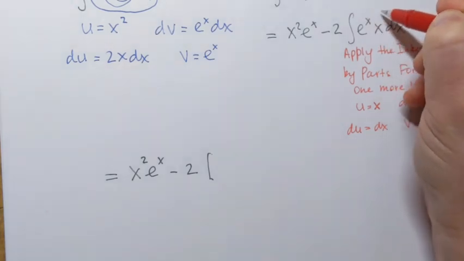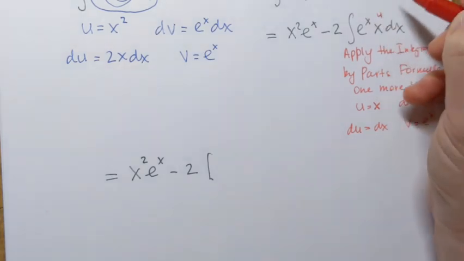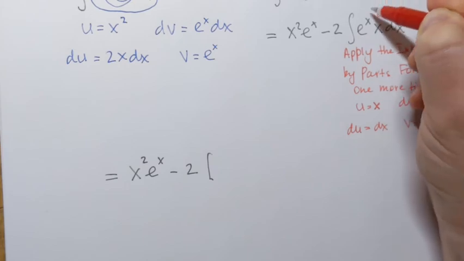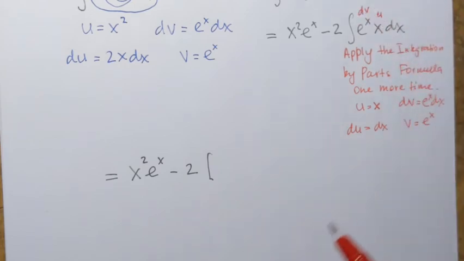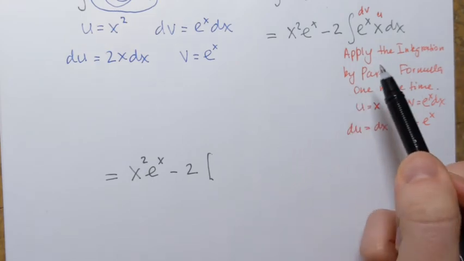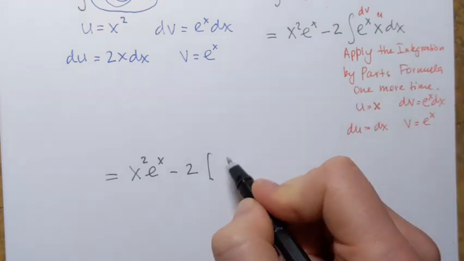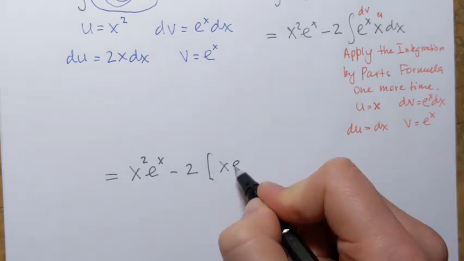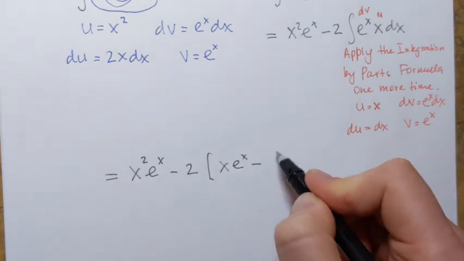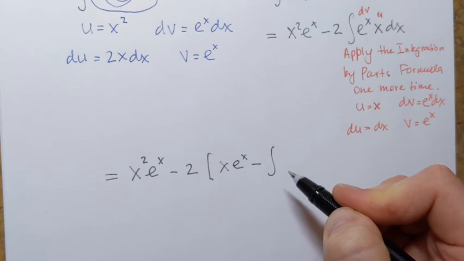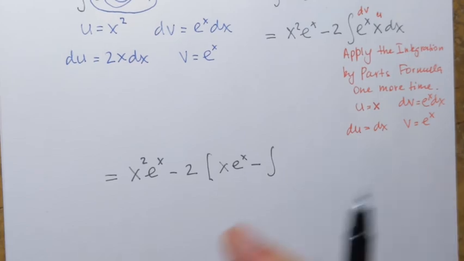So that's u, and I'll say that this part was dv. So according to the formula, we have to multiply u and v. U is x, v is e to the power x, minus integral, and then v du.